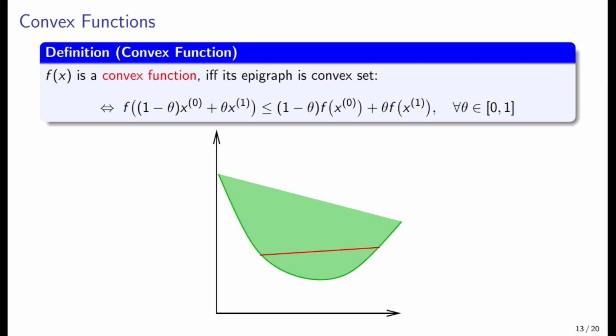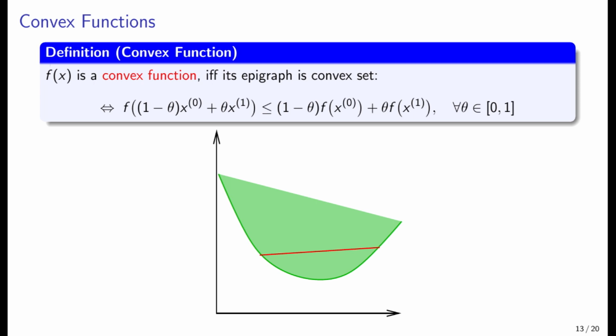Another way of saying that is that my function evaluated at any point at this convex combination, f of (1 minus theta) x0 plus theta x1, so any point that lies between these 2 points, if I evaluate my function, then I'm on the green line, and that's less than or equal to the convex combination of these 2 function values here.